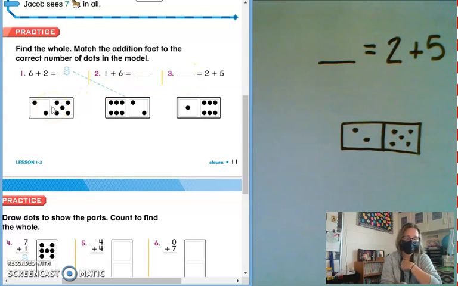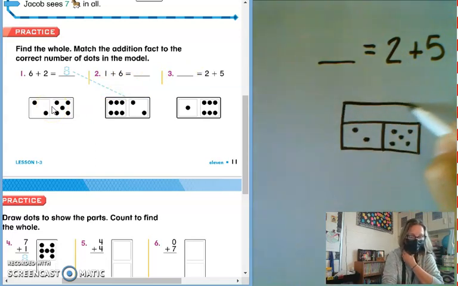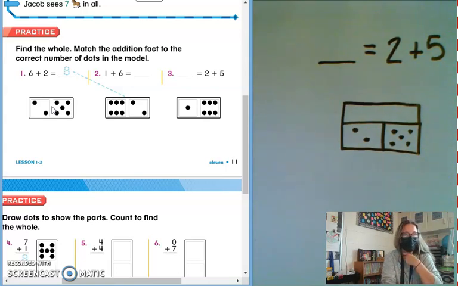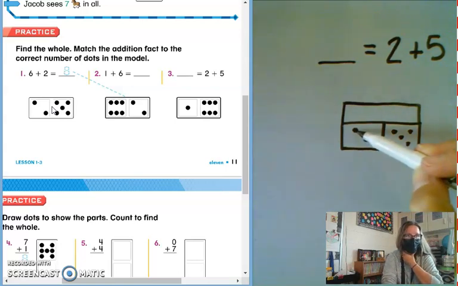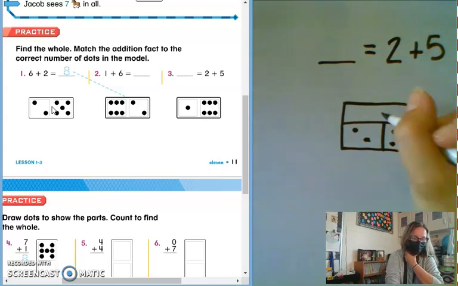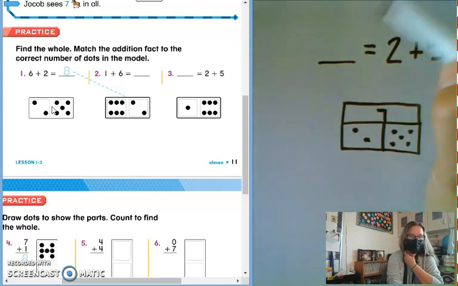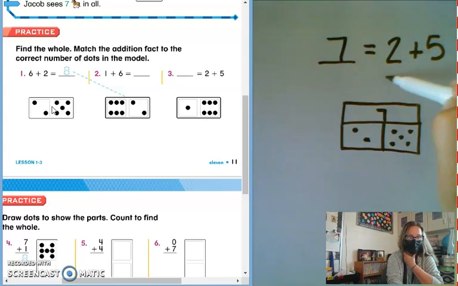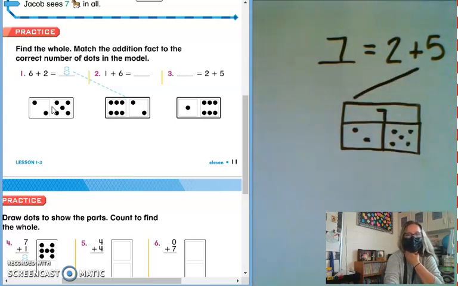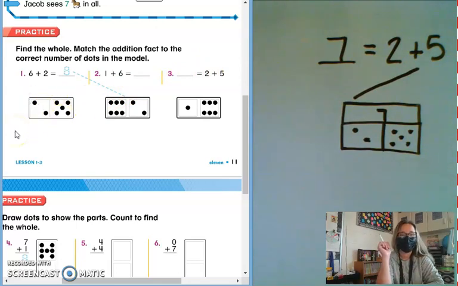And now Seraphina's going to tell us how many dots are on that domino all together. How many are in the whole? Count them up for us. Ready? 1, 2, 3, 4, 5, 6, 7. Good job, sweetheart. So you can put on your line a 7 and then draw the long line to connect. 7 equals 2 plus 5 all the way down here to our part whole where we have 1 part, 2 part, and all together 7.